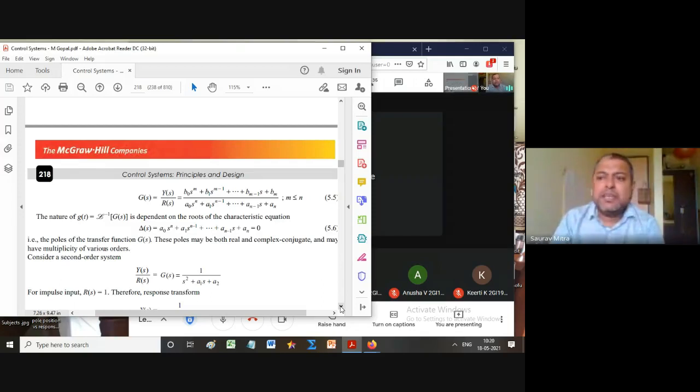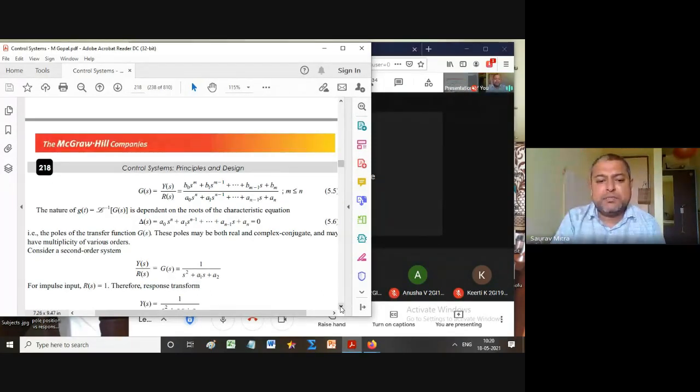That means whatever poles lie in the left hand side of the S plane, the impulse response in time domain will produce an area bounded by the y-axis, x-axis, and that curve. So if you want the area to be confined, there is only one very simple condition: the pole should be in the left hand side of the S plane.